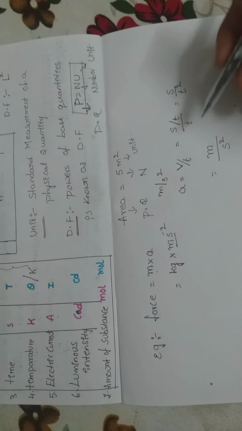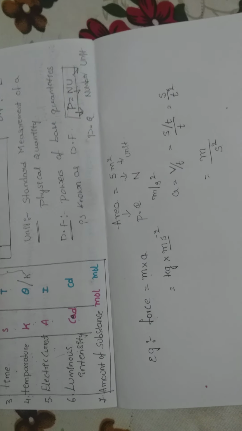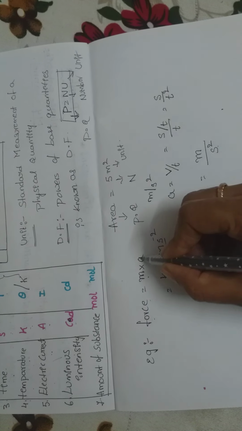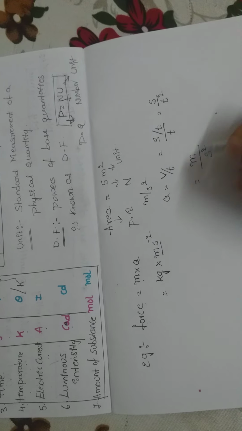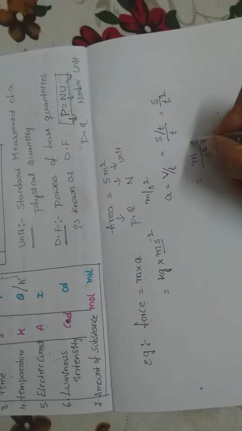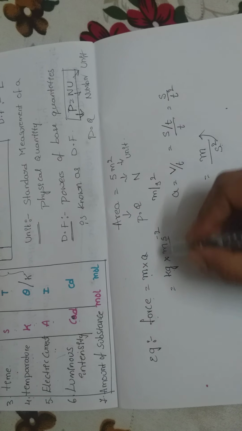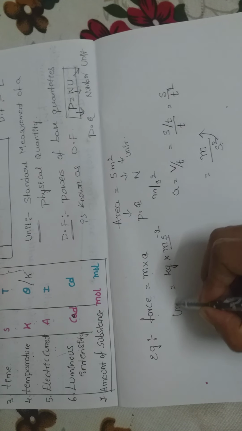Fine. Now how can you write the unit for force? Mass in kg, acceleration in meter per second square. If second square goes up, it becomes minus 2. So kg meter second power minus 2 is the unit of force.